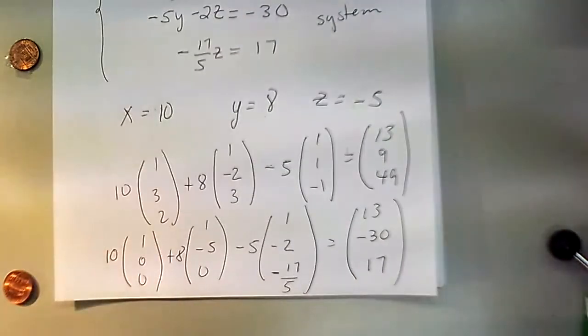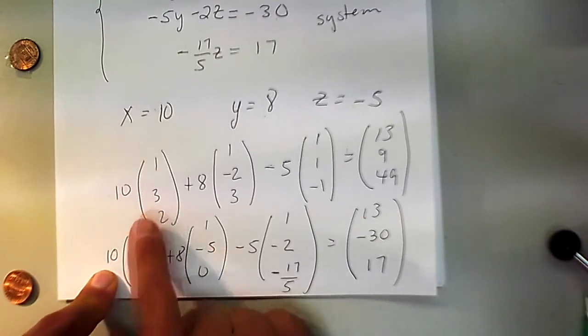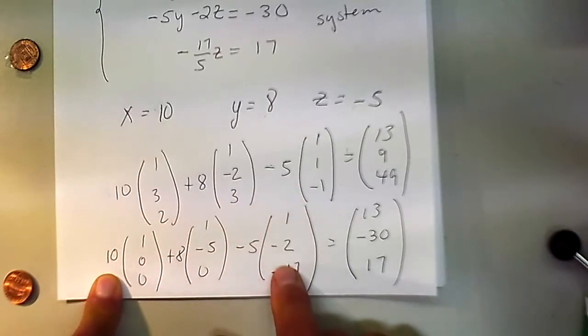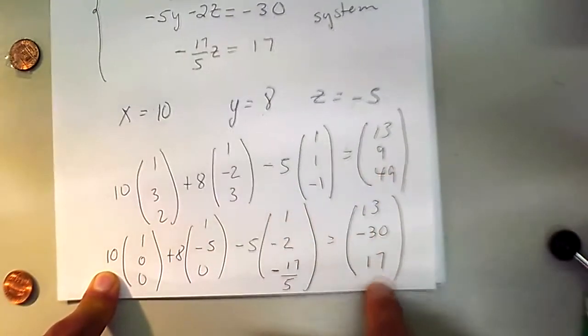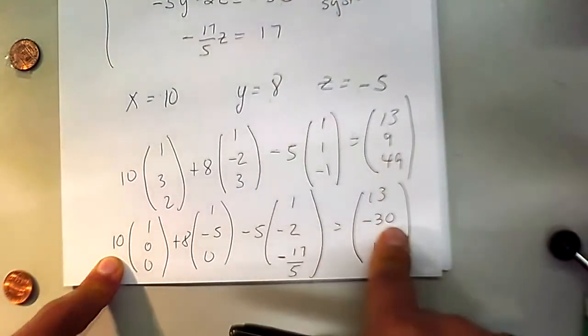So notice that we have the same linear combination of different vectors, though. Those are not the same vectors, and we don't have the same resulting vector either.